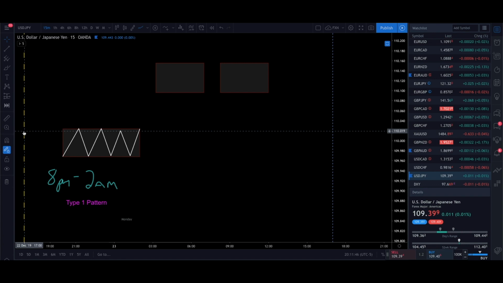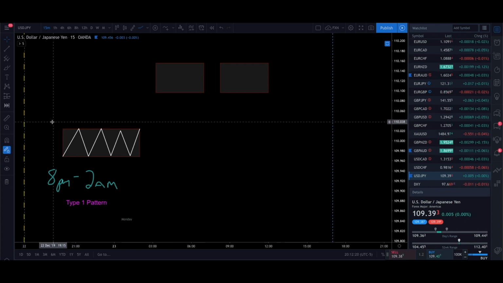From 5 to 8, pretty much the only thing trading is the Aussie and New Zealand, the first 4 hours or so of that particular session.